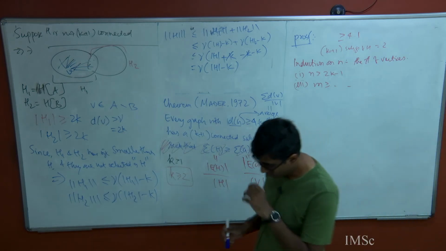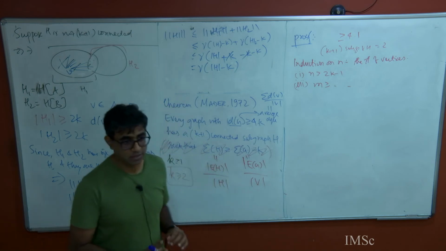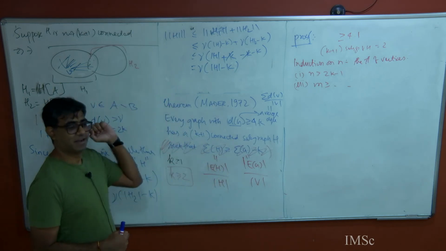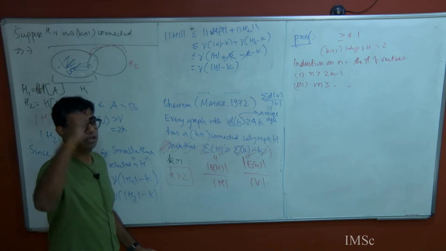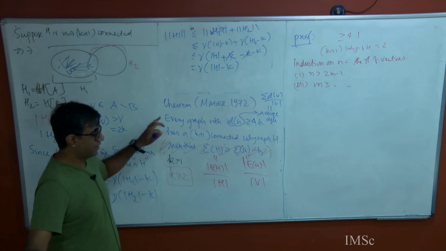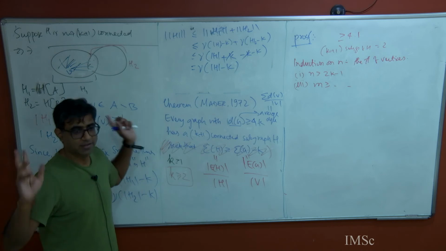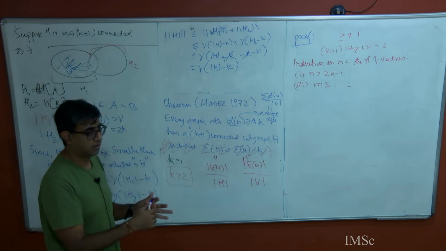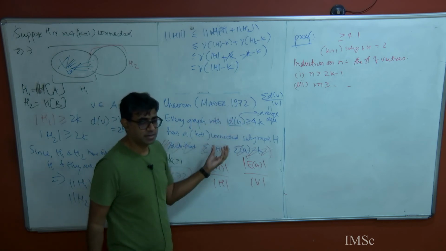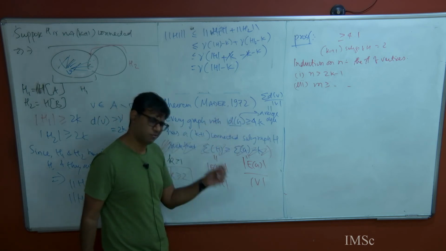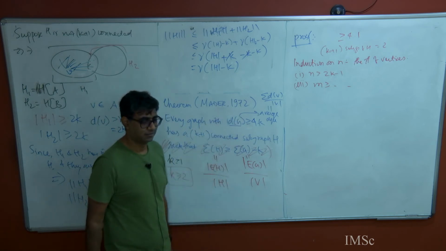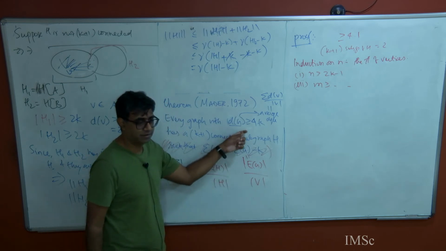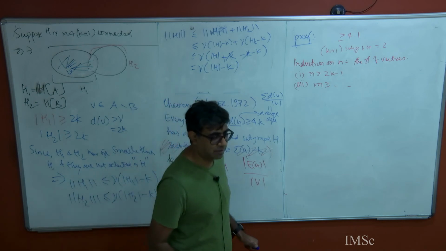So do you agree? This is what you said: always remember, convert your average degree to a minimum degree. Average degree is just written to make the statement nicer, with a weaker condition. But when you are really making your proof, don't look at your average degree. Think that the graph has minimum degree 4k.